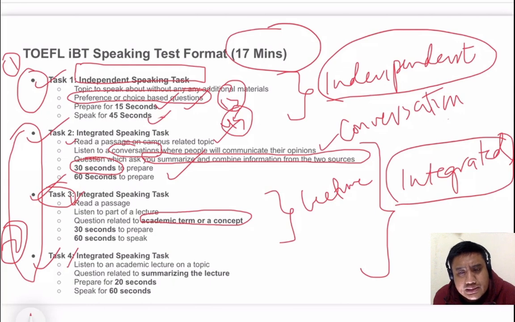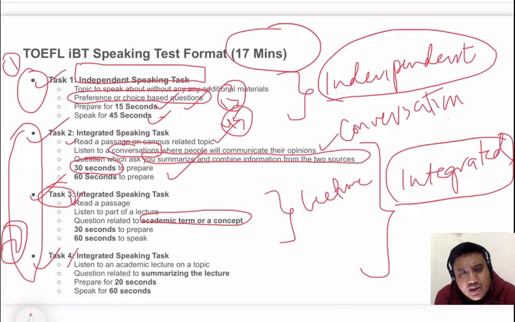Both are integrated. In task 2, you listen to a conversation where people are sharing their opinion, and then you have to summarize and combine information from the two sources and answer the question.